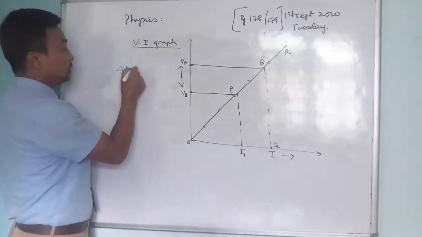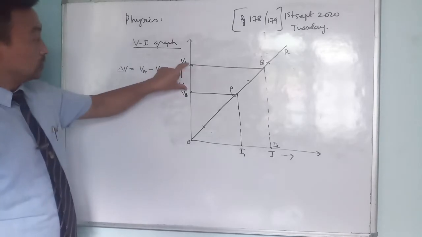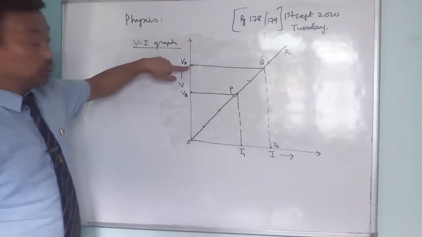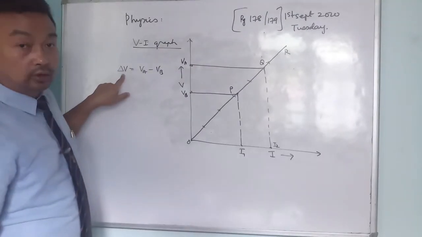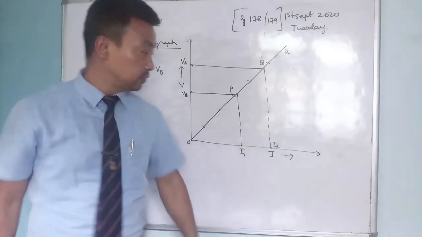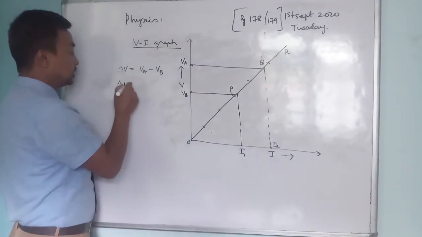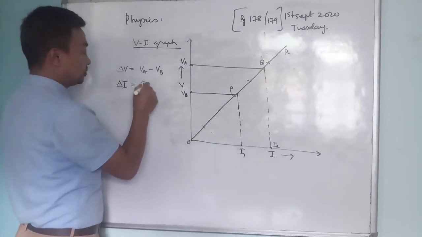This is called the change, or delta. Suppose delta V is VA minus VB. Obviously VA will be more than VB, so this minus this reading will give you delta, which is a change in the value. Similarly here you will get delta I, that means I2 minus I1.